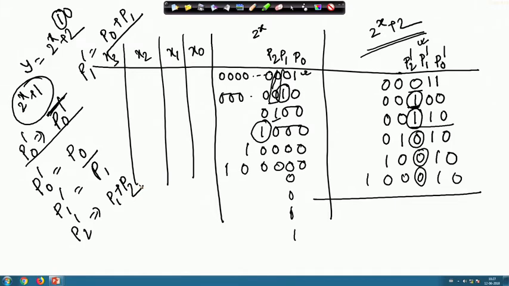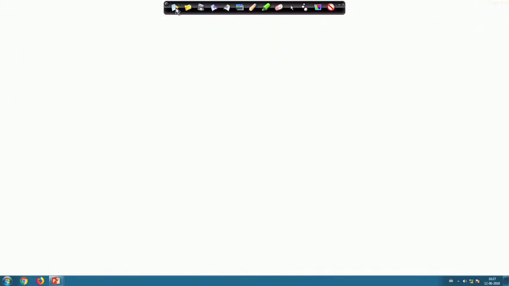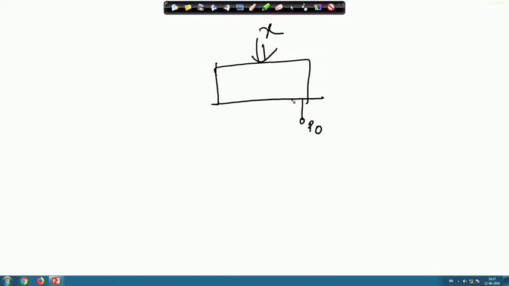Now if I draw the circuit, if I put x over here, P0 is nothing but P0 here, and this is P1 dashed, and if I put one OR gate over here, this is the new P2 dashed, and this circuit is nothing but 2 to the power x plus 2.